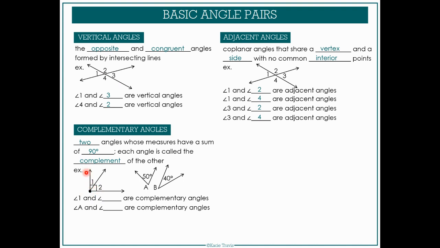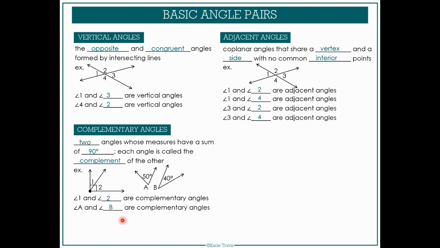See over here with this angle, these two are both inside of this right angle, which means that angles 1 and 2 are complementary angles. Alternatively, if you have two angles that are separate, but they both add up to 90, that also means that they are complementary. So A and B, they're both complementary to each other. So with complementary, you're thinking 90, all right? That's a specific number that goes with it.